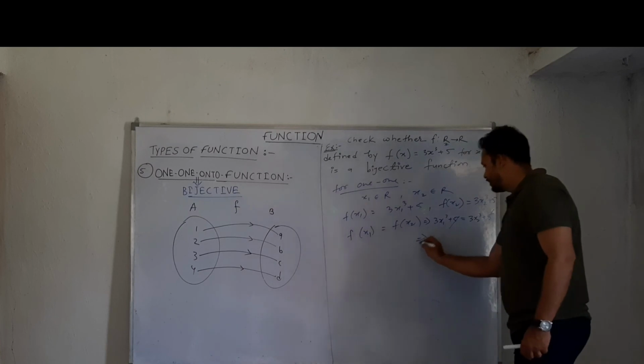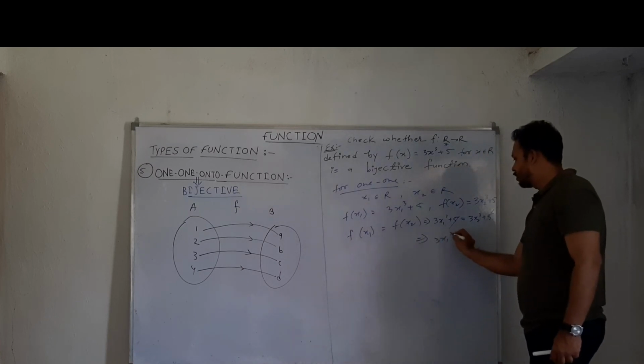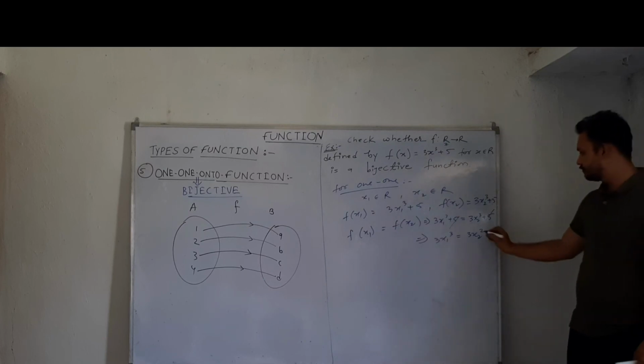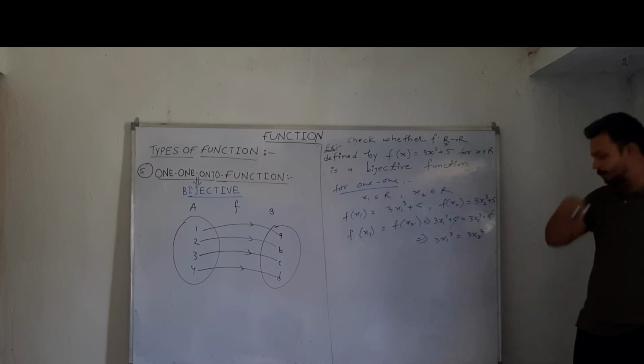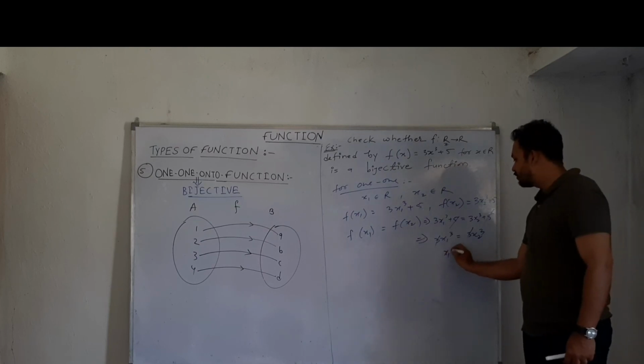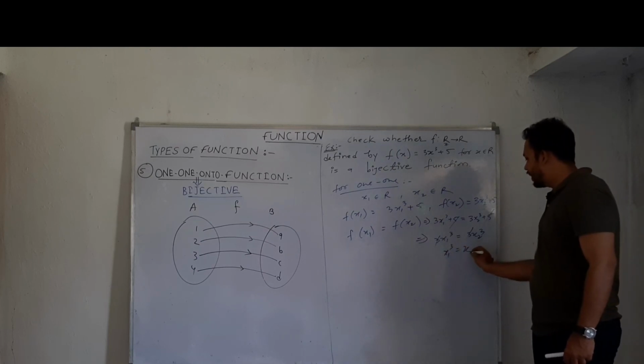We are left with 3x1 cube is equal to 3x2 cube. Now 3 and 3 got cancelled. We got x1 cube is equal to x2 cube.